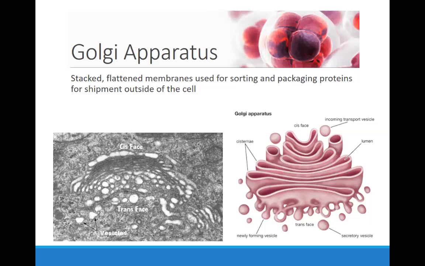So you've got a flattened sac of membranes really used for sorting and packing proteins for shipment. But again, the big emphasis here that separates this from, say, the smooth ER is that this is going to ship them outside of the cell. Okay, whereas the smooth ER is for internal to the cell, the Golgi apparatus is for shipping outside the cell.